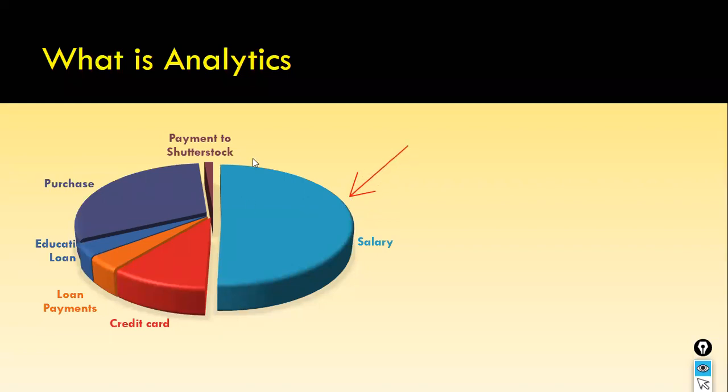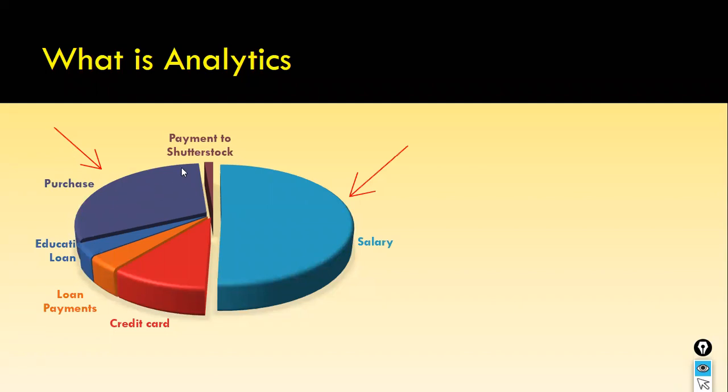And if you see here, 50% of the salary you spent on purchases, probably on groceries and other items. For example, you get 200K per month. Every month you get a 200K salary, and out of it, 50% you are spending on purchases.